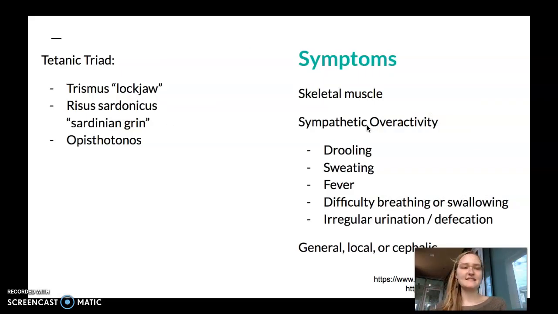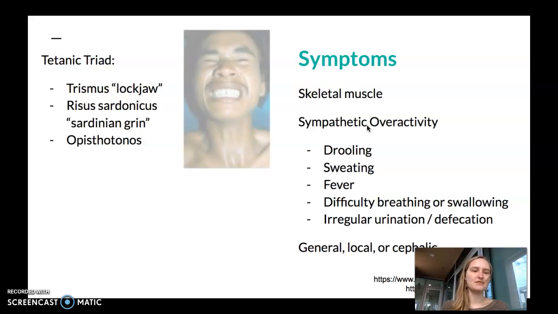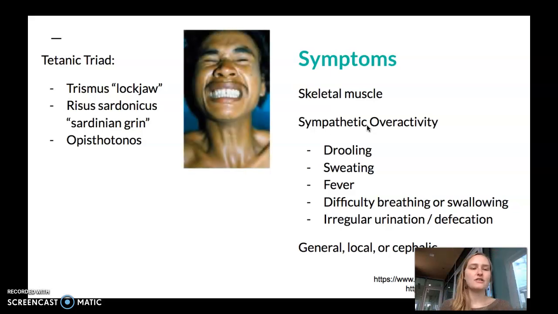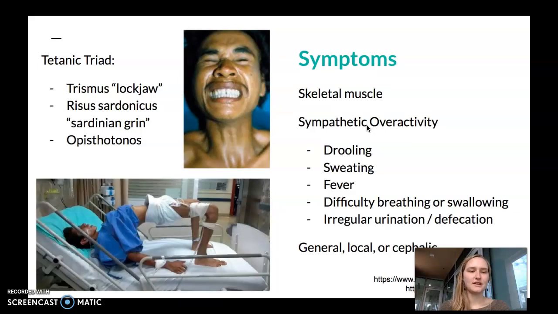And that's where you can get these symptoms such as lockjaw, which I have on a different slide, as well as risus sardonicus, or the Sardinian grin, and opisthotonus, which is the contraction of all the muscles in the body, versus the Sardinian grin, this one here, where the guy looks like he's smiling.